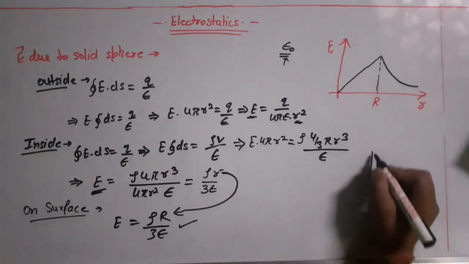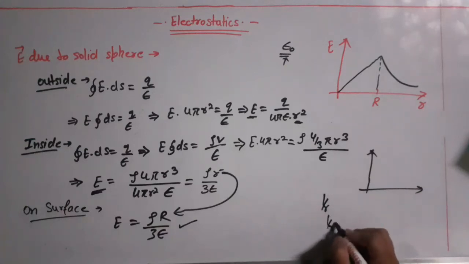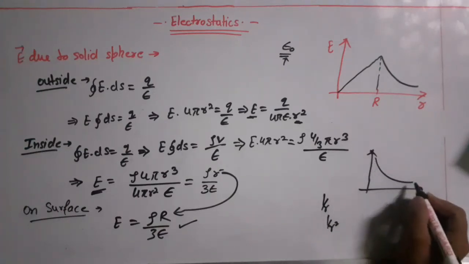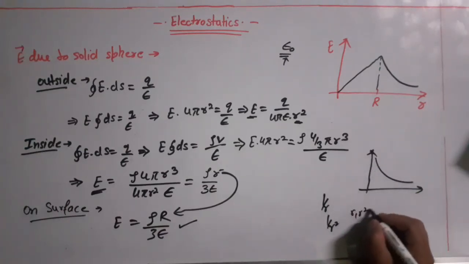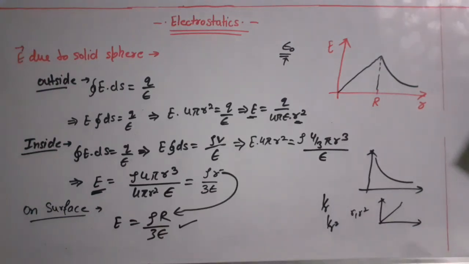Again beta, always remember that the graph of 1 by r or 1 by r square will always be something like that, and the graph of r will always be a straight line. The power of these quantities only changes the slope of these curves. So this is our electric field due to a solid sphere.